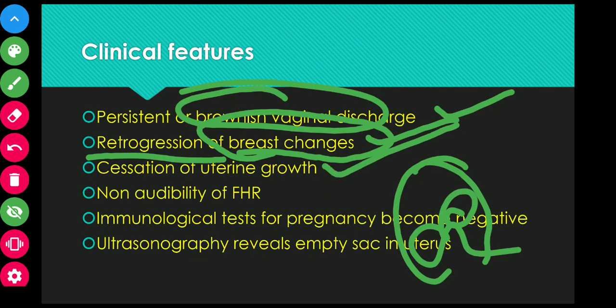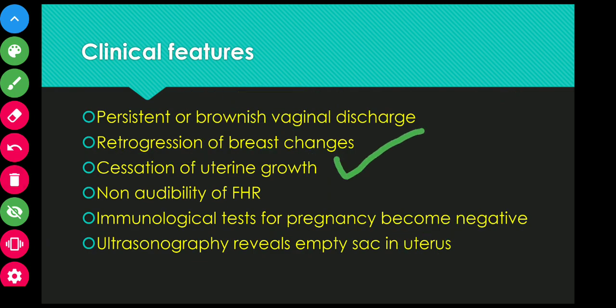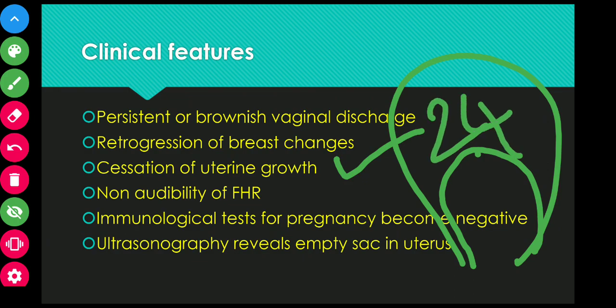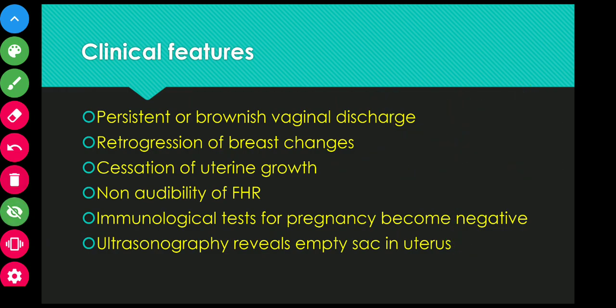And cessation of uterine growth. As I said earlier, if uterine growth goes till the umbilicus of the woman, that is the 24th week. Suppose in the 30th week also the uterine growth is only at the umbilicus, that means uterine growth has stopped.